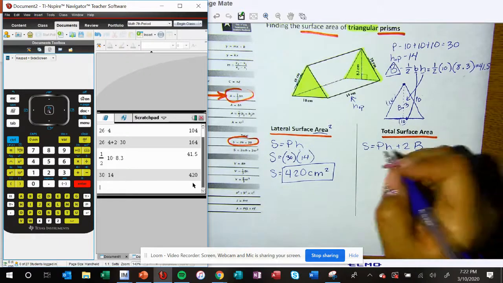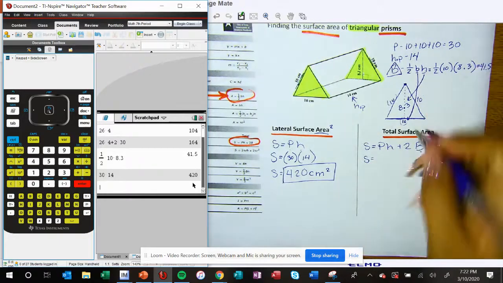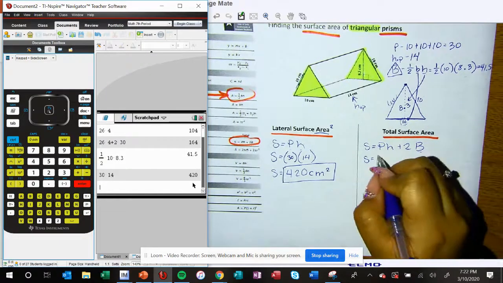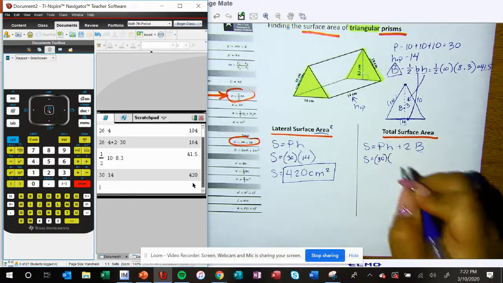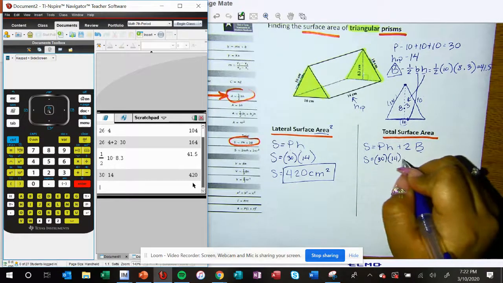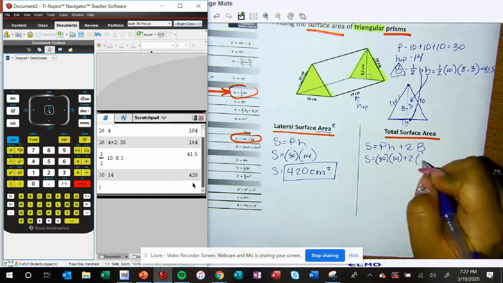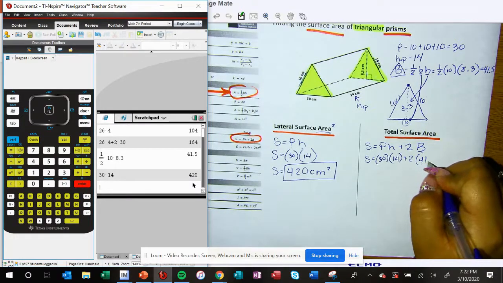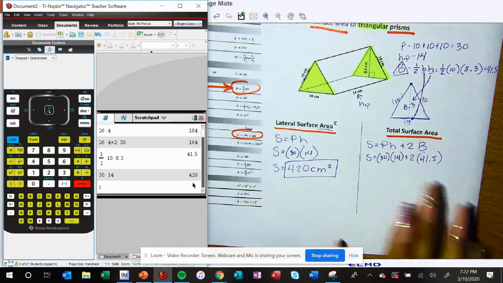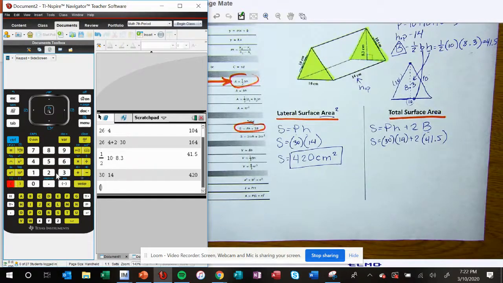Now, so I'm done with this side. Now I got to do this side. And once I have all of my variables labeled out, then it's super easy for me to just go in there and plug in and then use my calculator to help me solve this super quick. So 30, 14 plus 2.